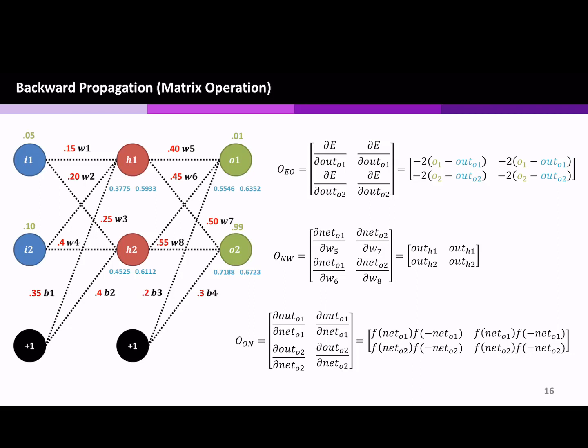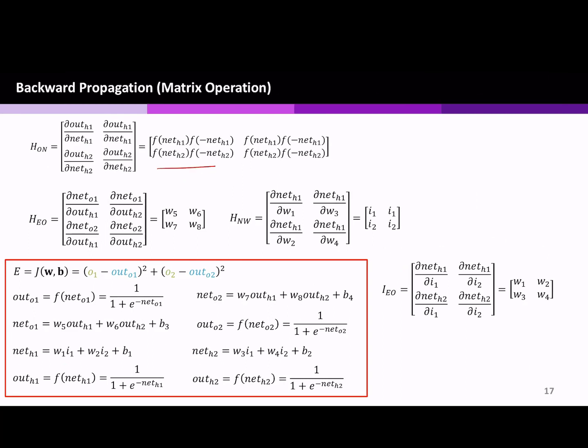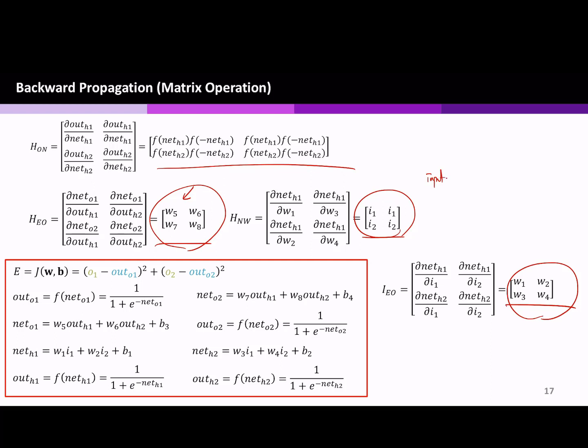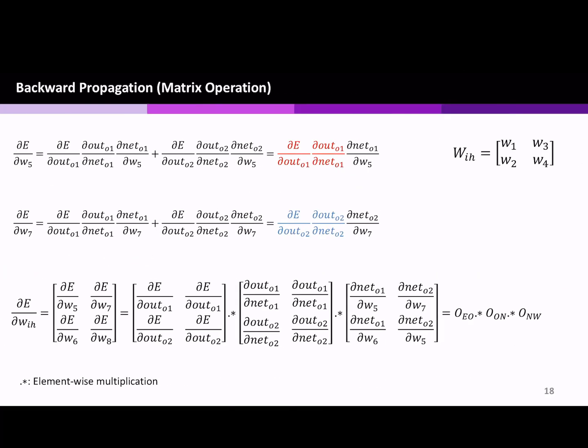Similarly, all these matrix values are computed from the values that we obtained in the previous forward propagation, the current weight values, and the input values.